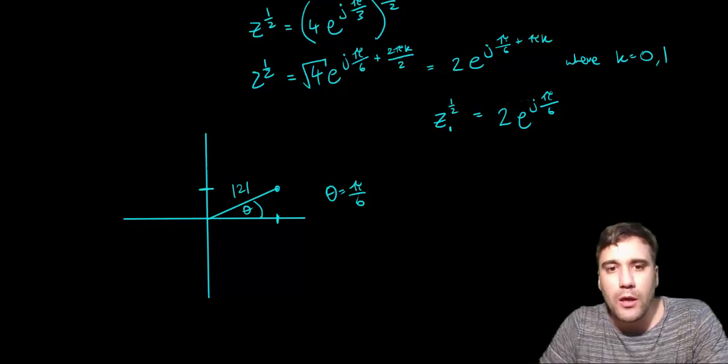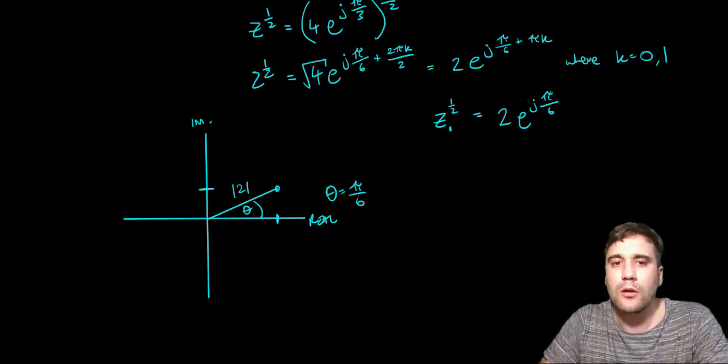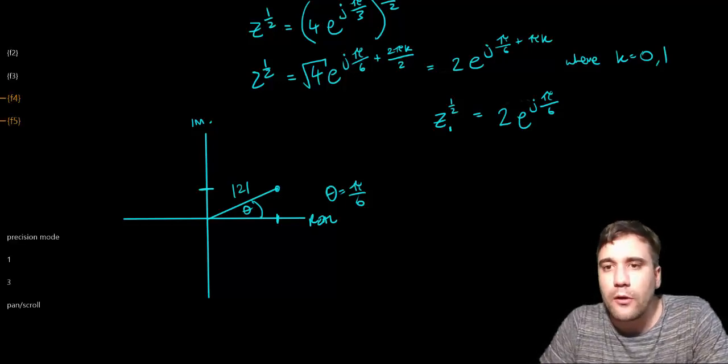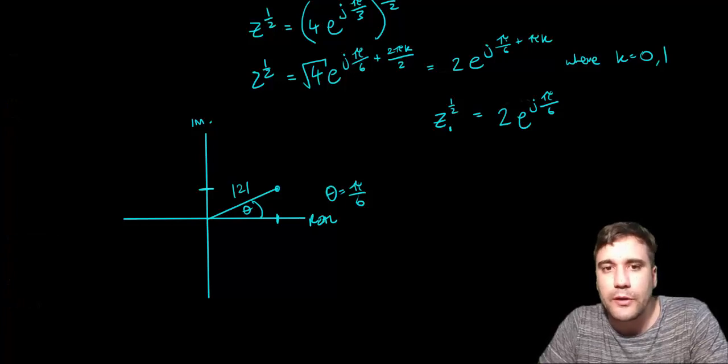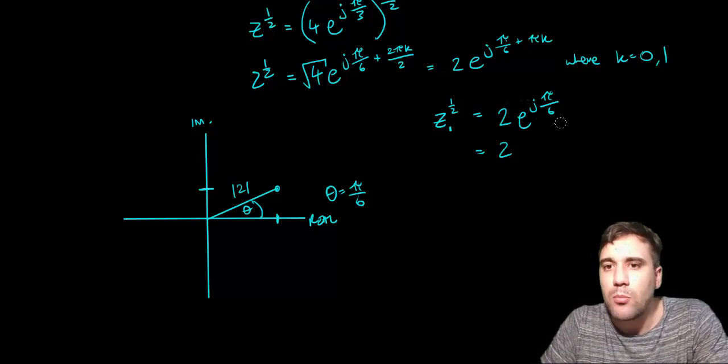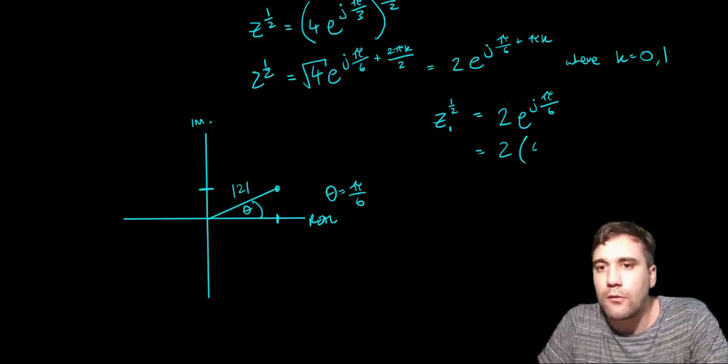So I've drawn a little diagram here. We've got the real and the imaginary axes, and so we've got π/6 as the angle, and we've got the magnitude of 2 being the length of the vector, if you like. And so what are the actual real and imaginary components going to be? Well, we can figure that out because remember, this 2e^(jπ/6) is going to be the same thing as 2 cosine π/6 plus j sine π/6.